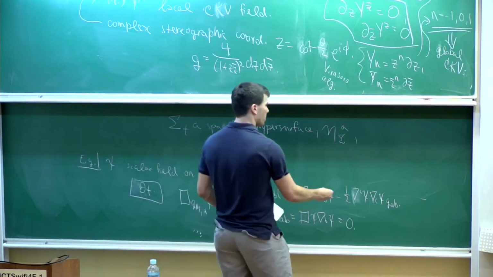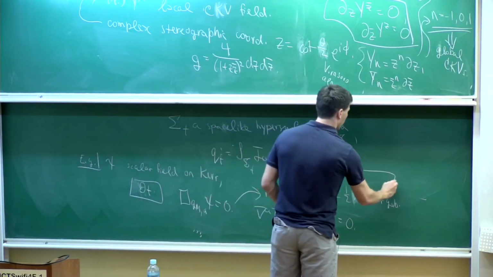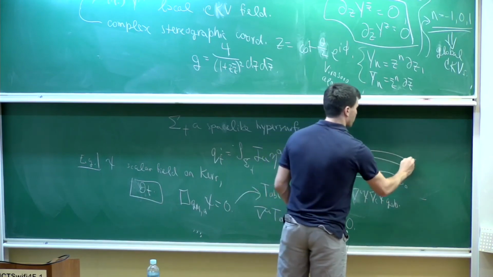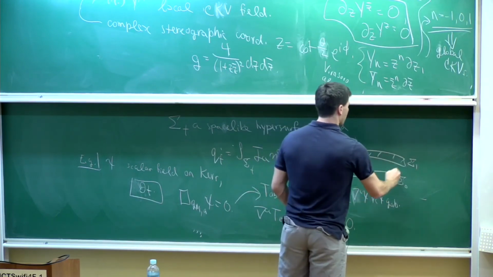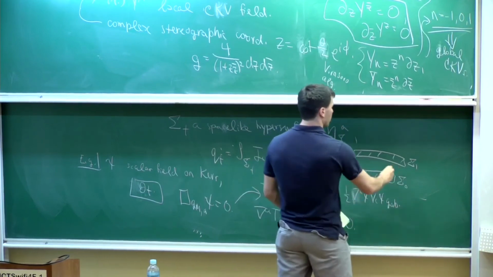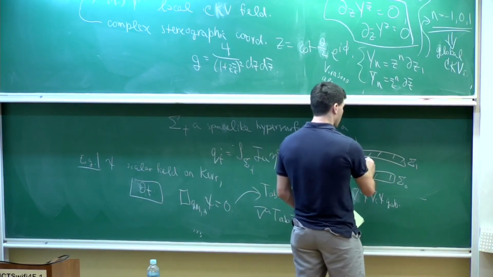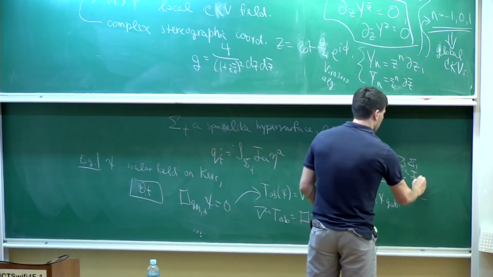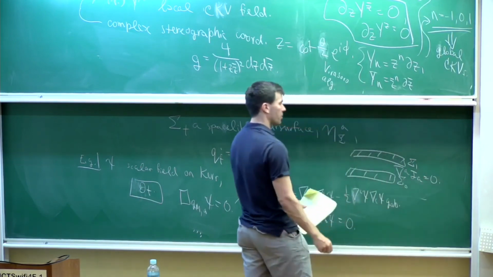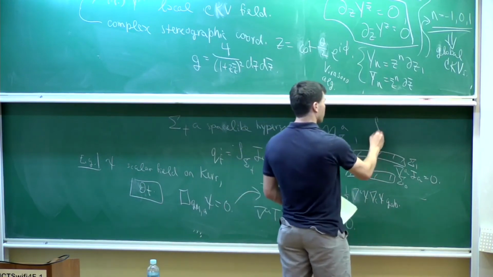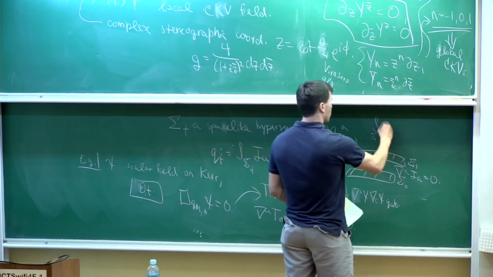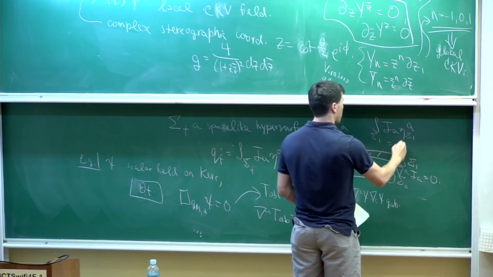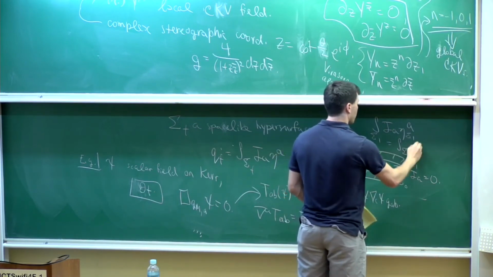And so in other words, if we had some time 0 and some time 1 encoded by some hypersurfaces, because in the region between them the current vanishes, then what we find is some conservation law.